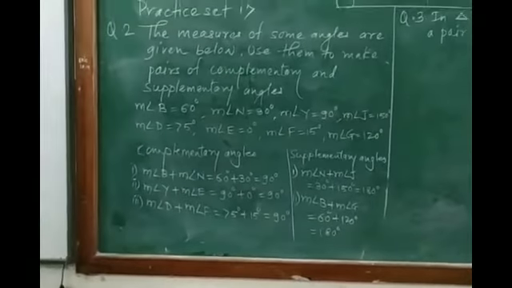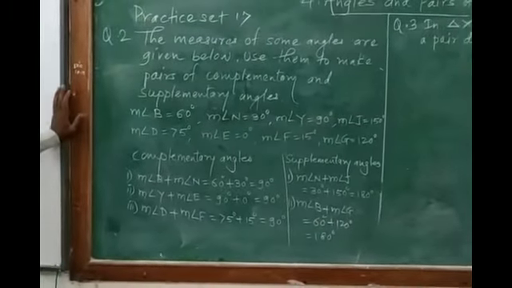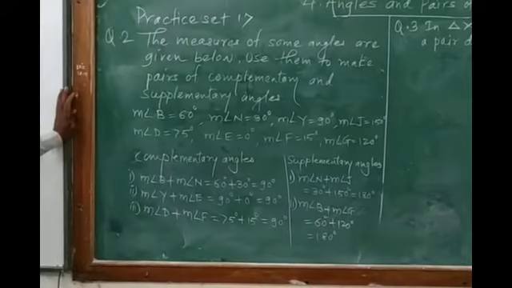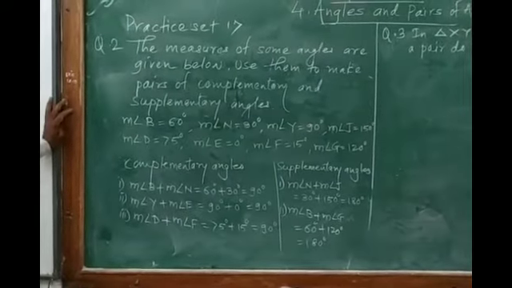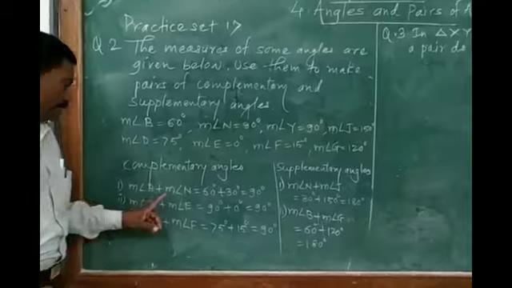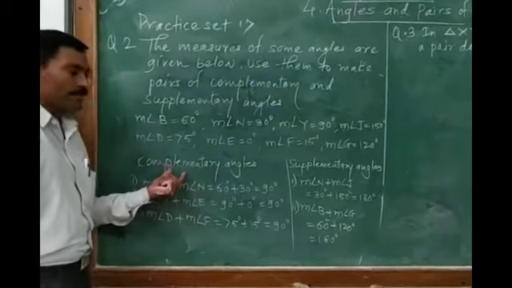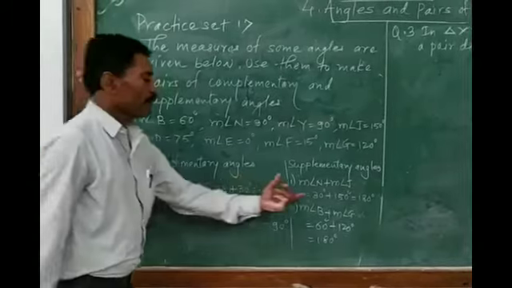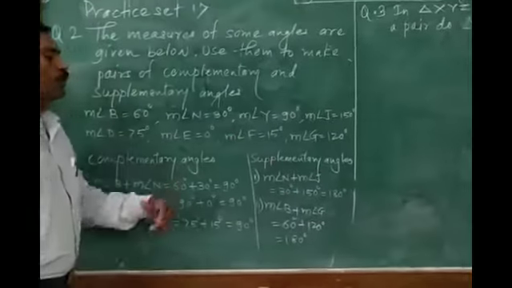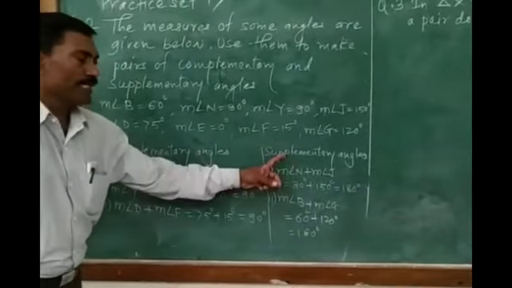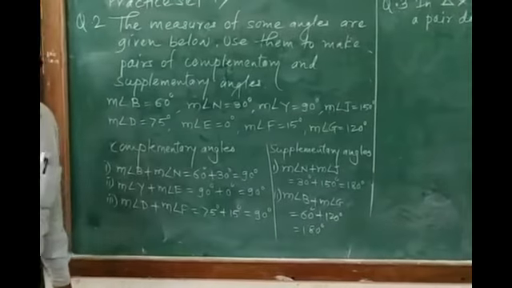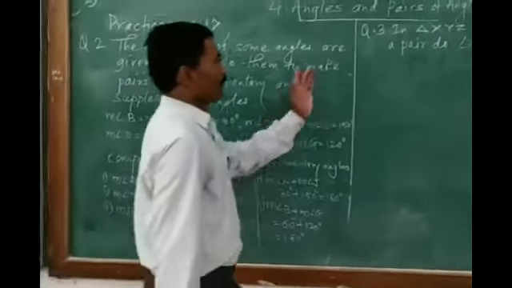I think these are the pairs of supplementary angles. Okay, and what we did, we have added two angles whose sum is 90 degrees and we call them complementary angles. Similarly here, the sum of two angles is 180, we call them supplementary angles. Now we switch over to the third question.